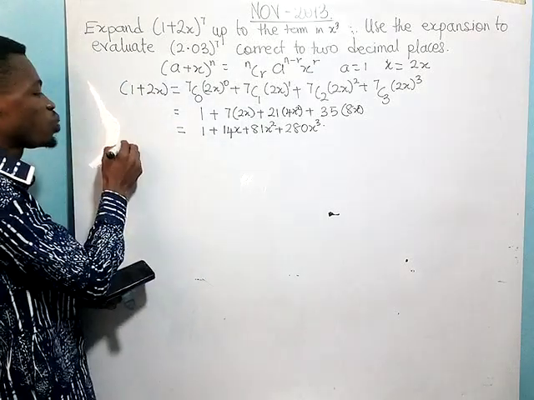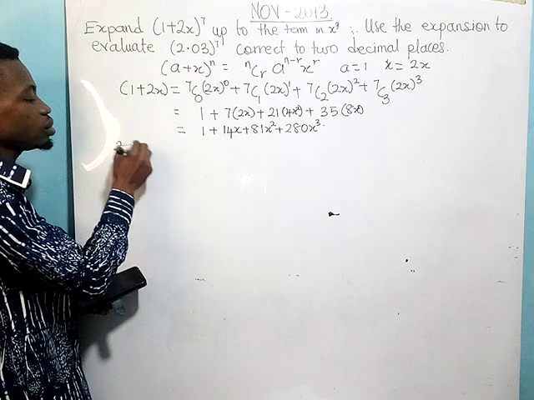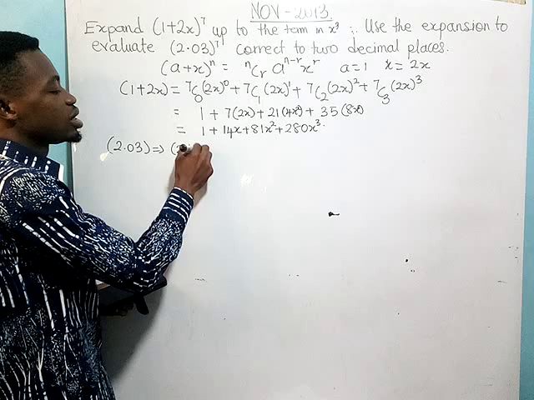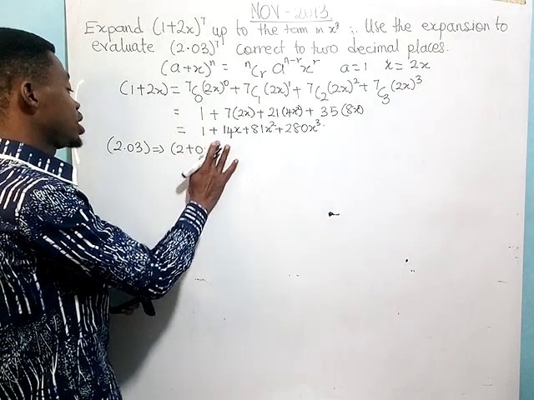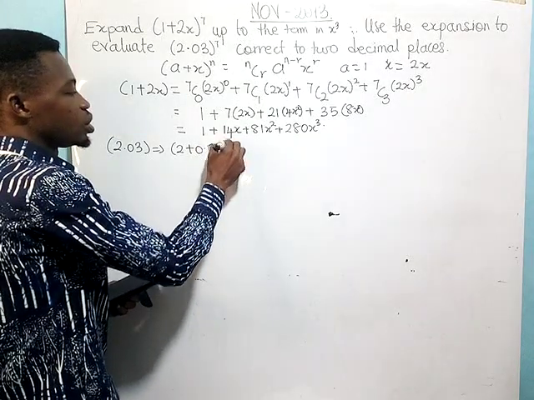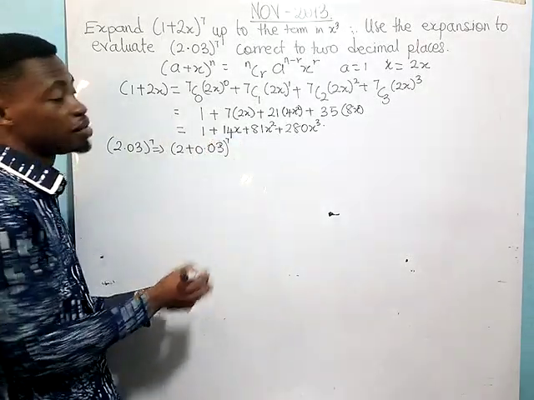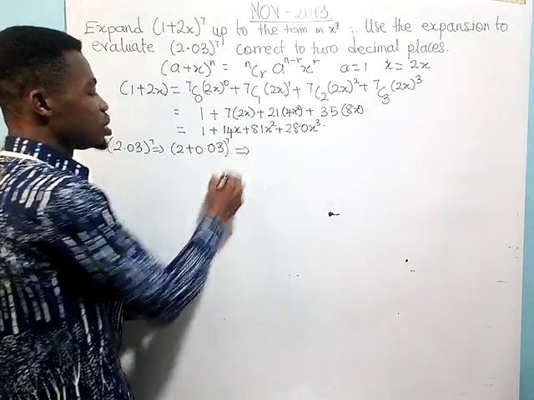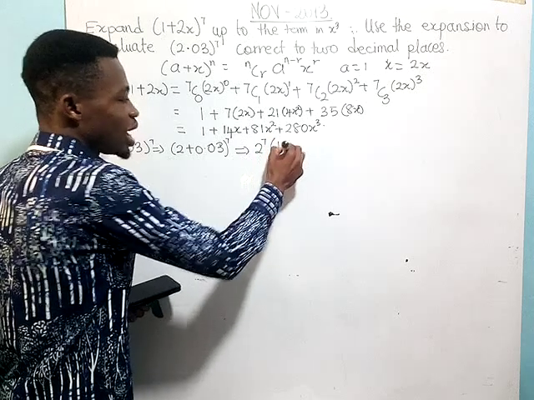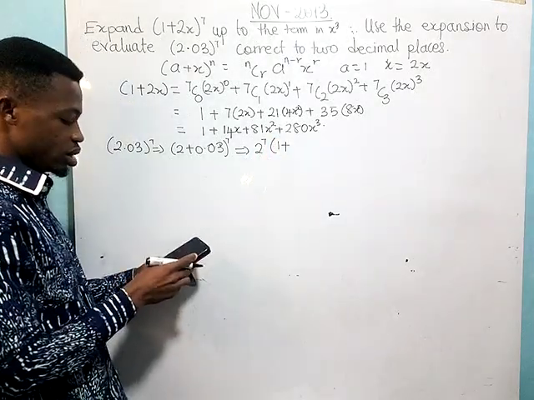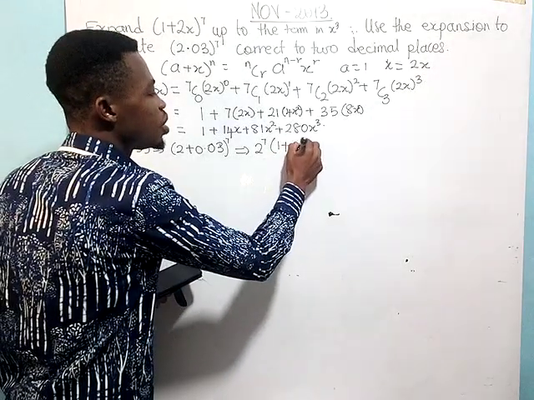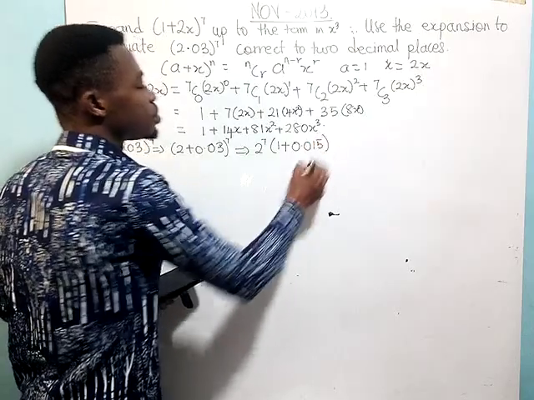So first of all, 2.03 can be written as (2 + 0.03) all to the power 7, which when we continue will give us 2 to the power 7 out, (1 + 0.015).